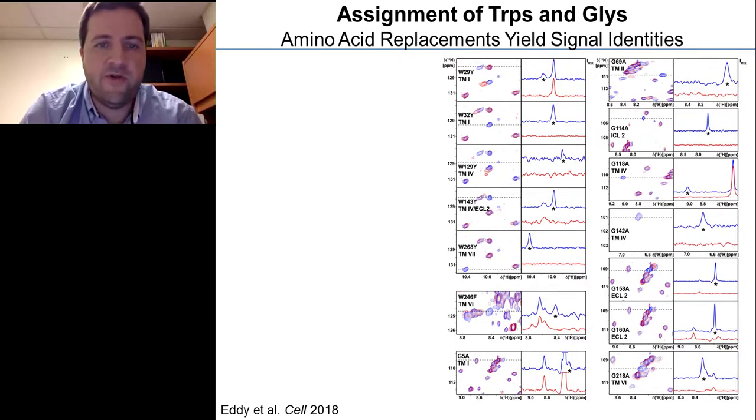For example, for tryptophan 29, which is located toward the top of the panel of data, we replaced that with a tyrosine, and we were then able to unambiguously assign the signal from tryptophan 29 that way, as indicated by the star and the traces through the NMR data in each panel.